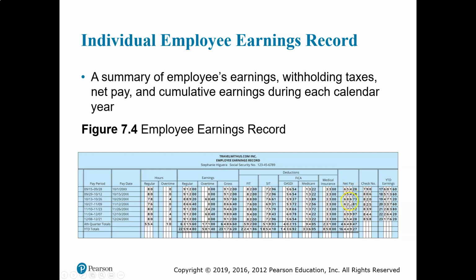So this is the amount her paycheck is actually going to be each, I guess every 2 weeks. And then the check number, and then her year-to-date earnings here. Okay, so that is an employee earnings record. Okay, and that concludes Learning Objective 2.